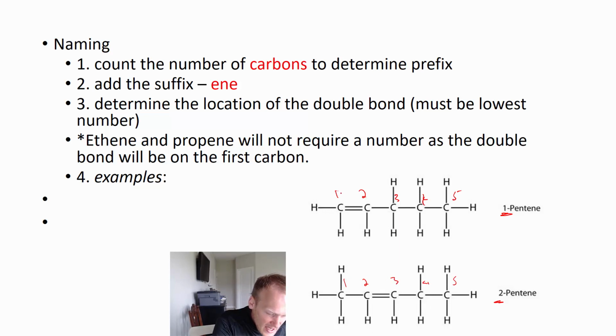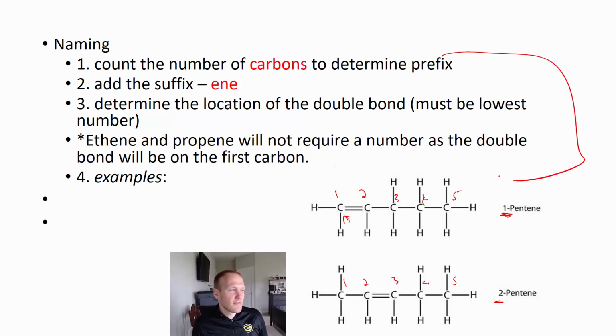Then you just say where the double bond starts. This double bond is coming off the first carbon, 1-pentene. This double bond is coming off the second carbon, 2-pentene, and we always use the lowest number. So the naming for these is not too difficult, and you will have this information on that reference sheet that I told you about.